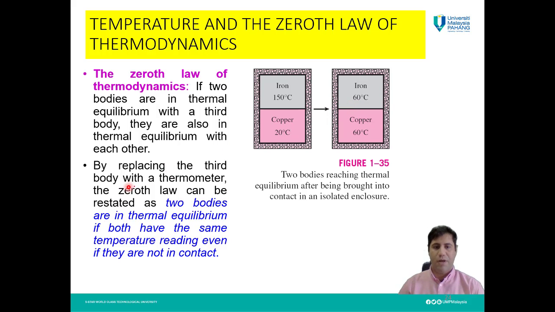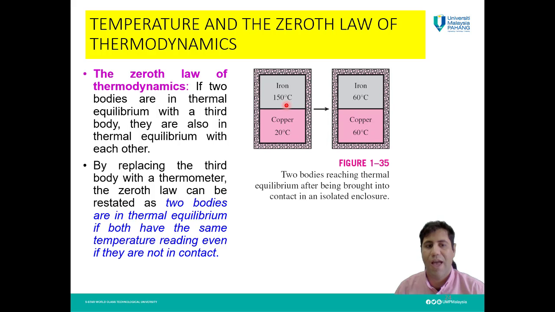By replacing the third body with a thermometer, the zeroth law can be restated as: two bodies are in thermal equilibrium if both have the same temperature reading, even if they are not in contact. You can see here two bodies reaching thermal equilibrium after being brought in contact in an isolated enclosure.